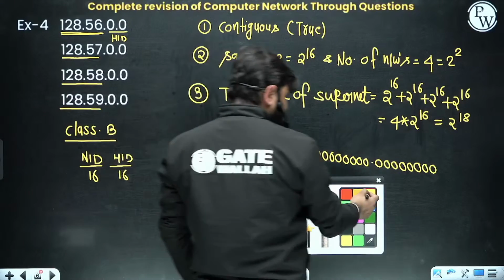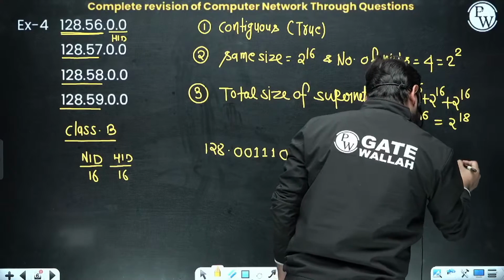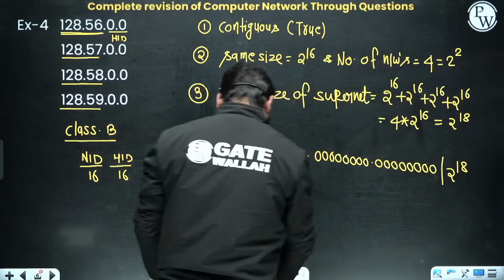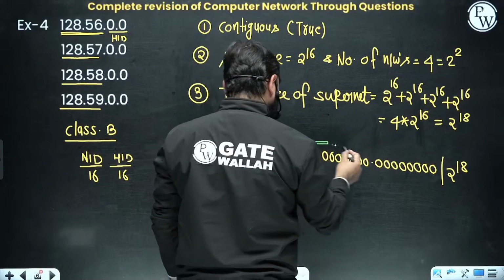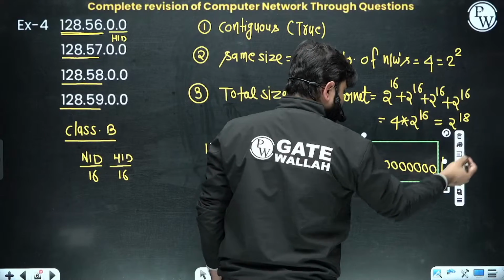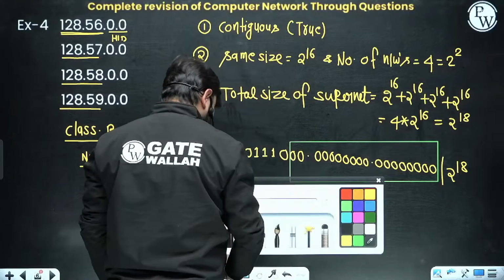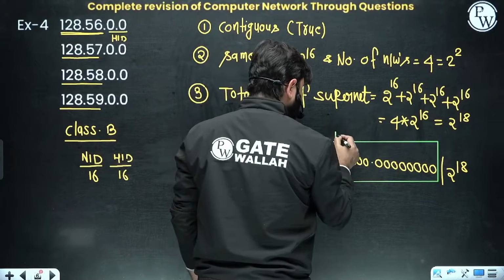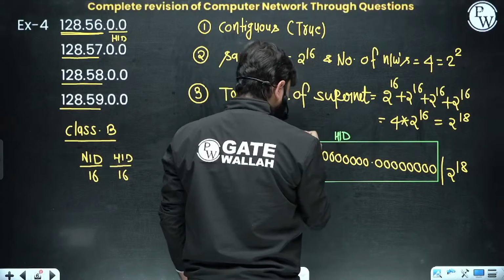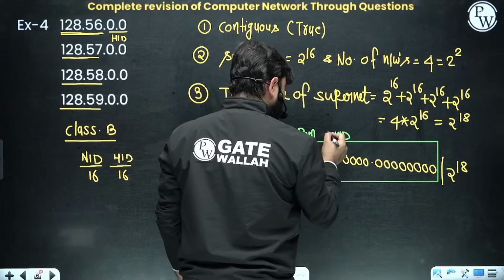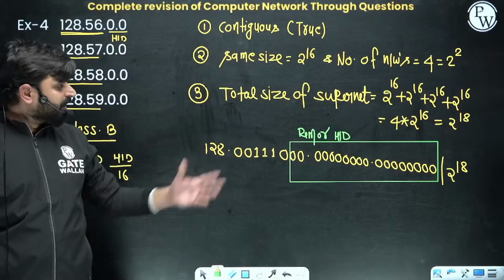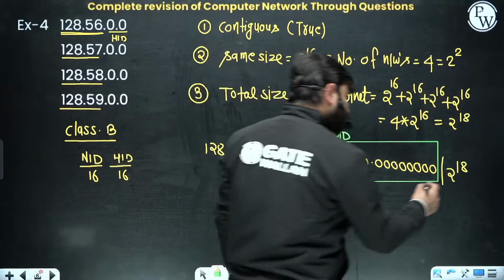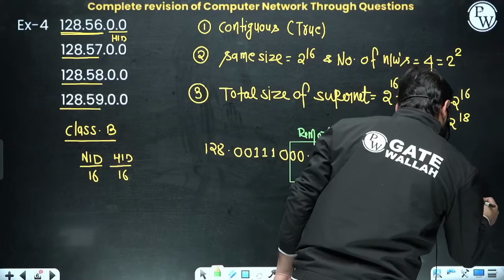If I divide this by 2 power 18, the last 18 bits represent the remainder, or host ID. Or 18 bits are 0. So the third rule is also true. If the third rule is also true, we can apply supernetting.